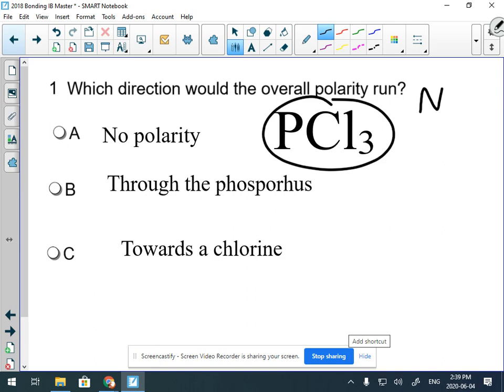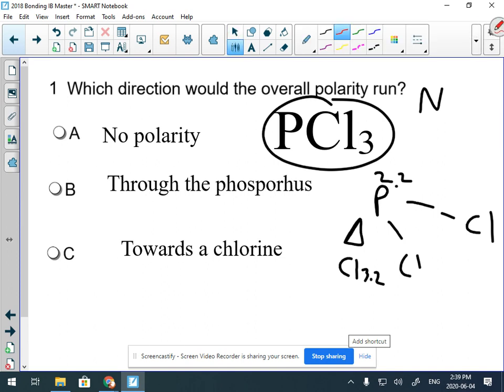The answer is yes. Phosphorus is in nitrogen's category. So we would draw this like a pyramid, the dotted line, and then we would write our electronegativities in. Phosphorus is 2.2, and chlorine I think is 3.4. 3.2, I'm wrong. So all of our little dipole arrows will go like this: out, out, and out.